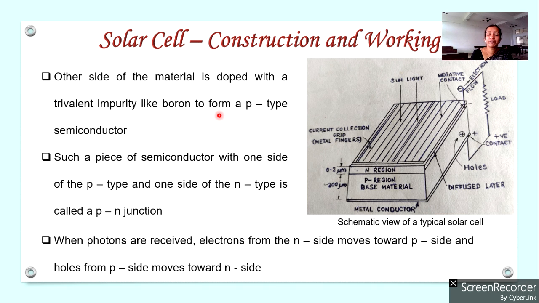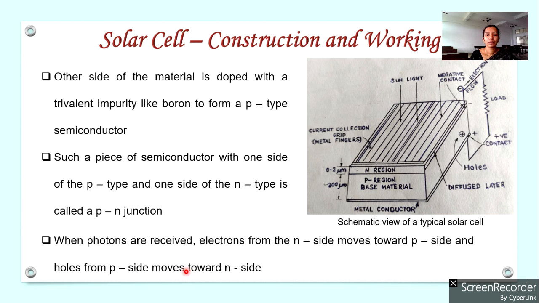So there is a deficiency of an electron, known as a hole. There will be additional holes, and such a semiconductor is known as a p-type semiconductor. So the same single crystal of silicon is converted to a p-type and an n-type semiconductor, and between the p layer and the n layer a depletion layer will be formed.